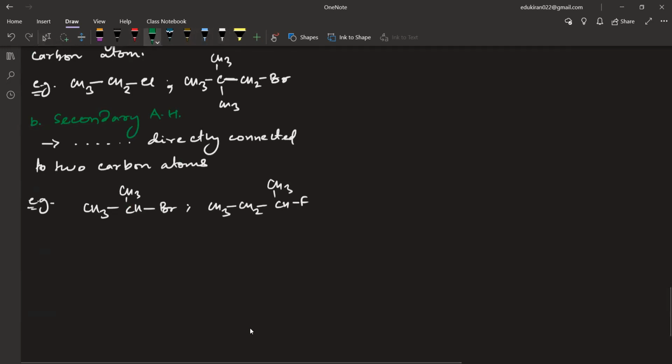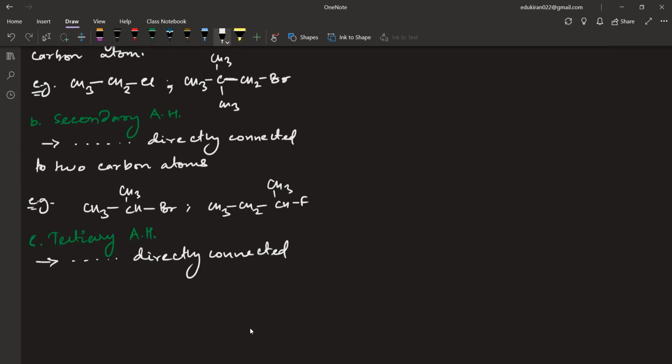Next will be tertiary alkyl halides. These alkyl halides are what? Dot dot dot dot, directly connected to 3 carbon atoms.